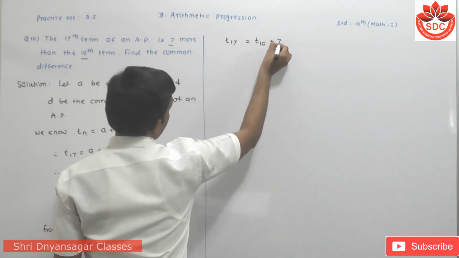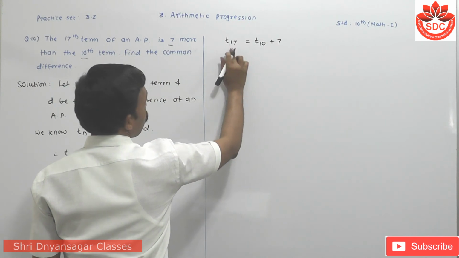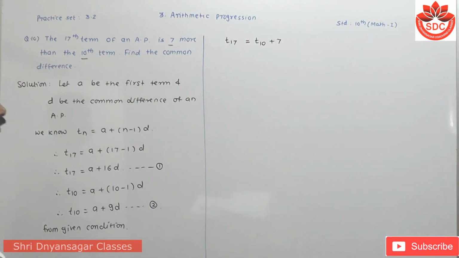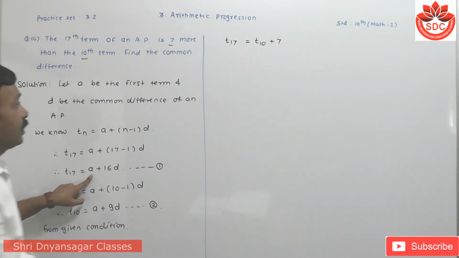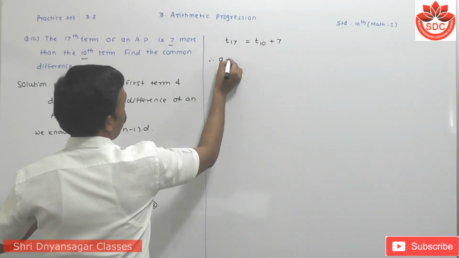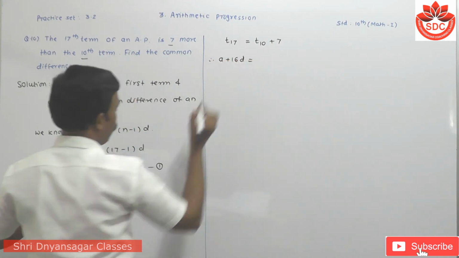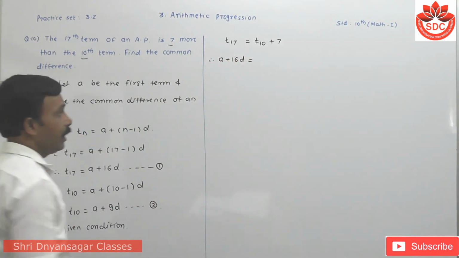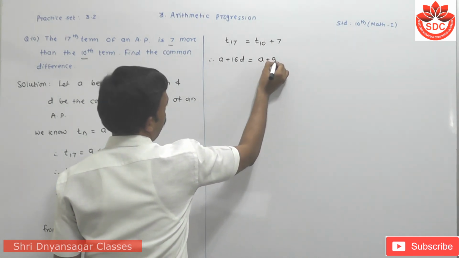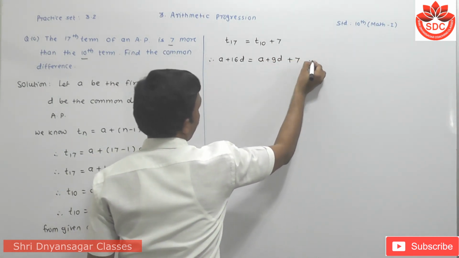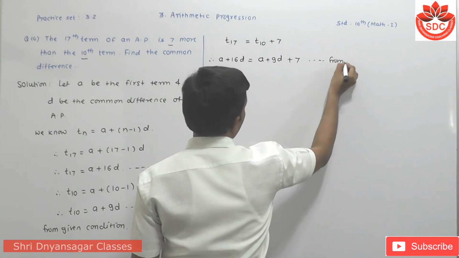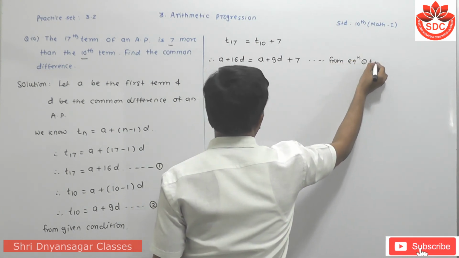So if we add this 7, then these two become equal. So from equation first and second I substitute the values: T17 is a plus 16d, therefore a plus 16d is equal to a plus 9d plus 7.